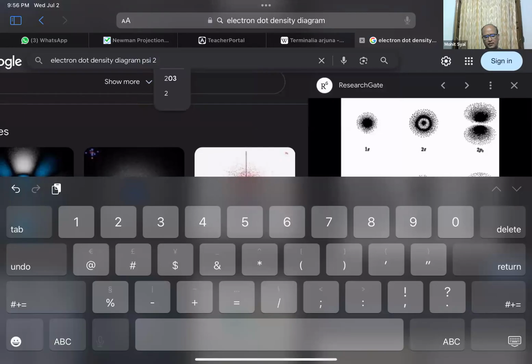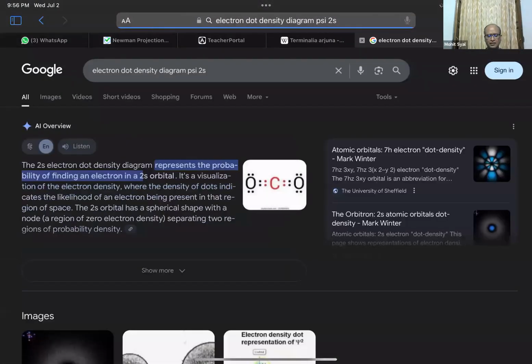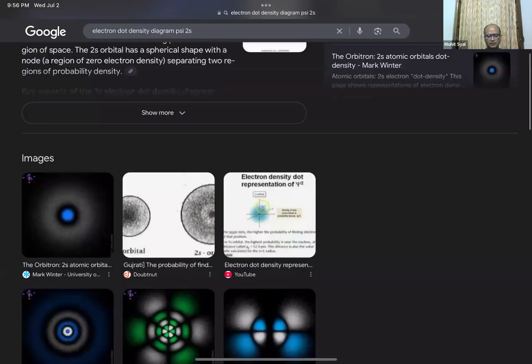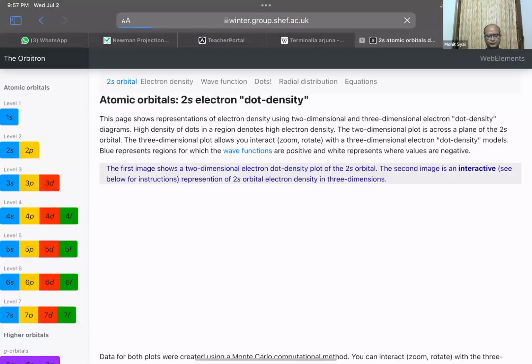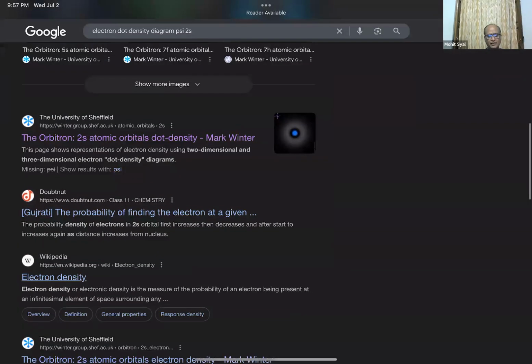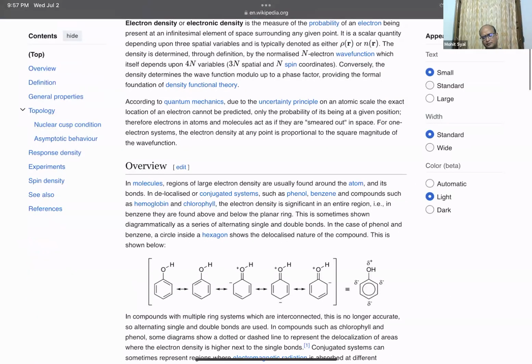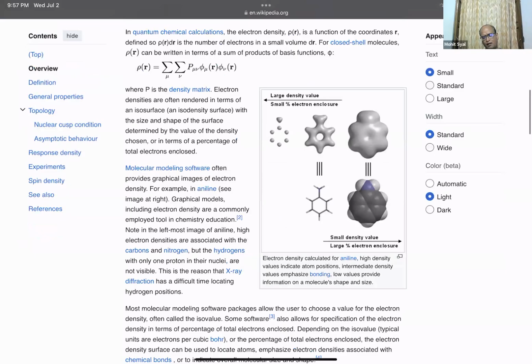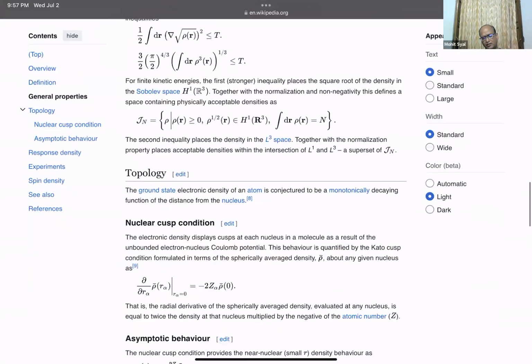I can show you there are a lot of equations and various functions, but you don't need to remember them. Without the equations, I will tell you how you can determine the shape and how you can determine the nodes.